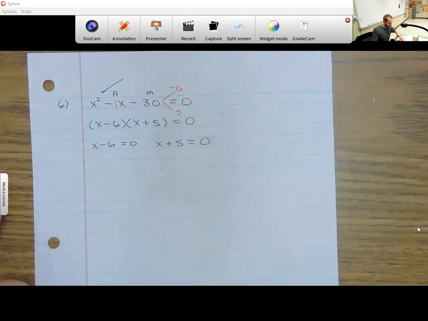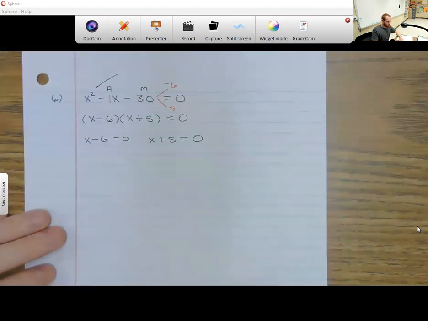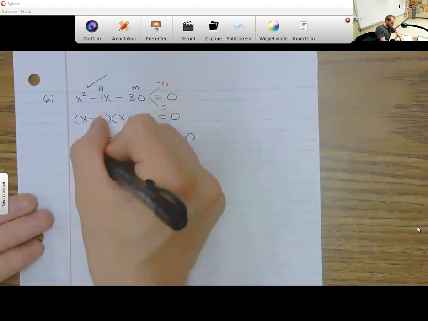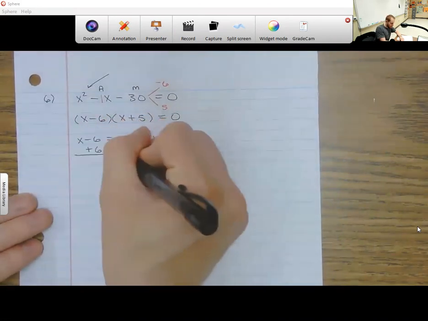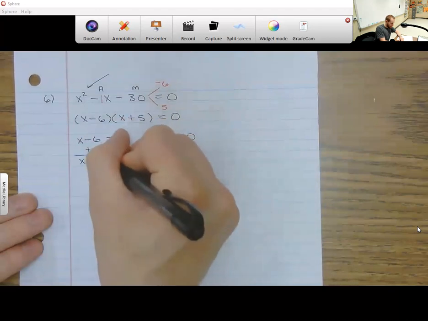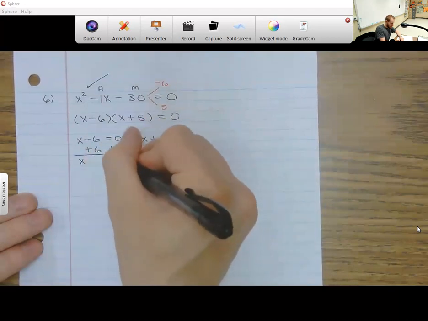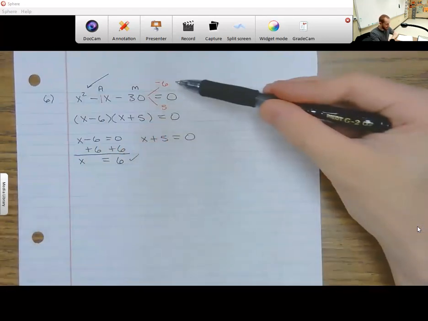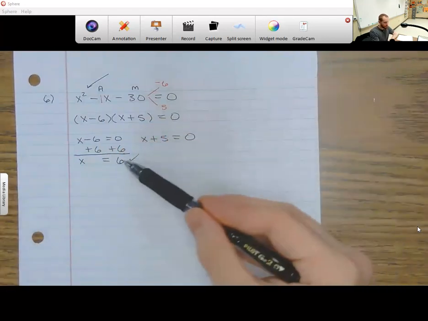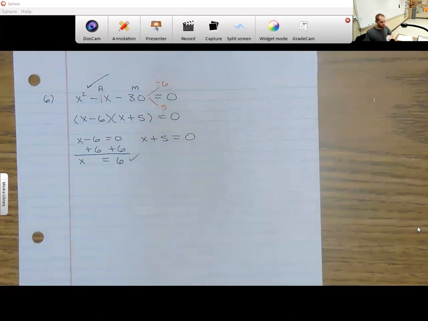And for both of these, I need to get x on the left side by itself. So for the first one, I'm going to add 6 to both sides. And I get x equals 0 plus 6 is 6. So see how that's the opposite of that negative 6? I get a positive 6 for my first answer.